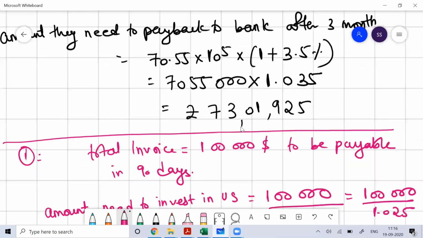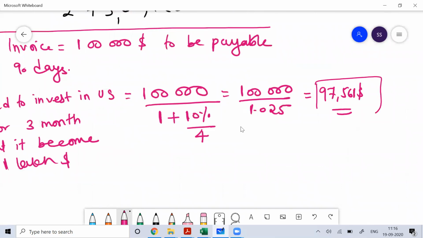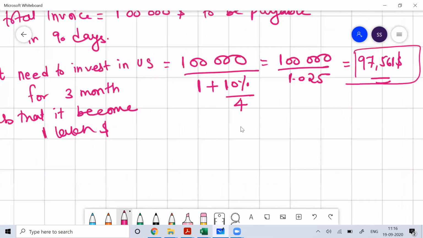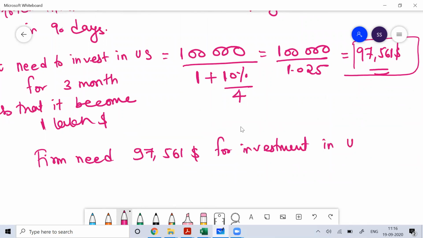Now if they need this much to be invested in the US, how will they get this many dollars? The firm needs 97,561 dollars for investment in the US.